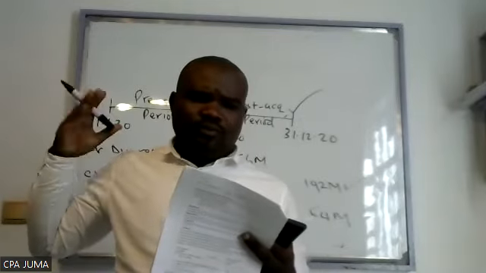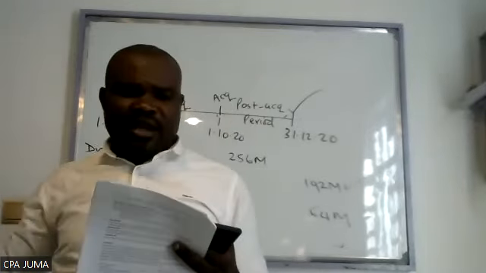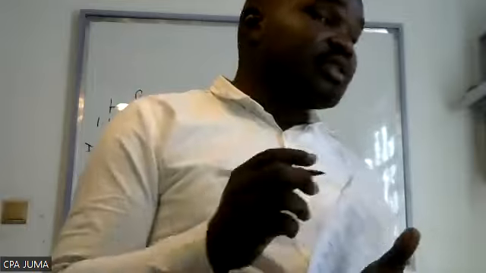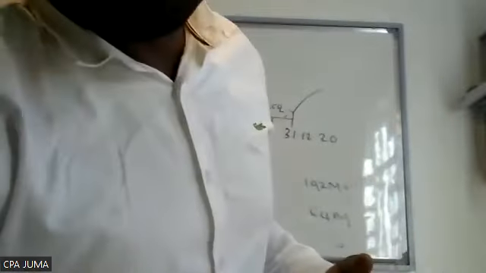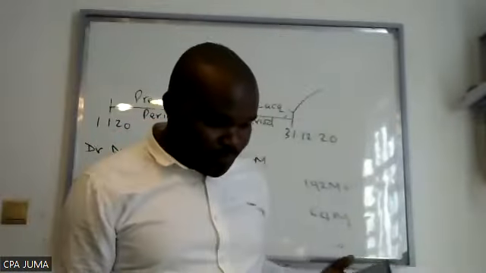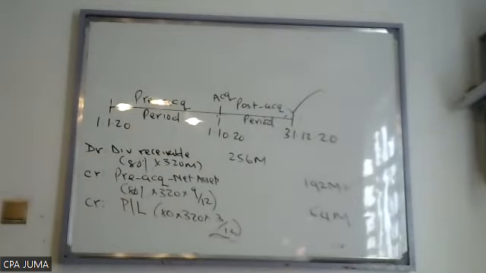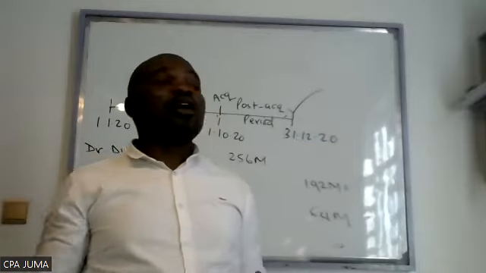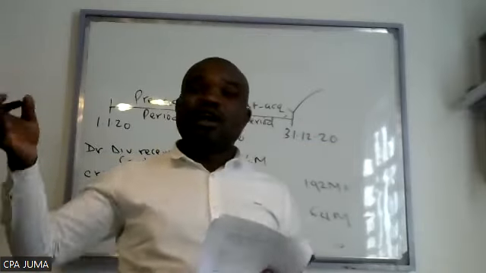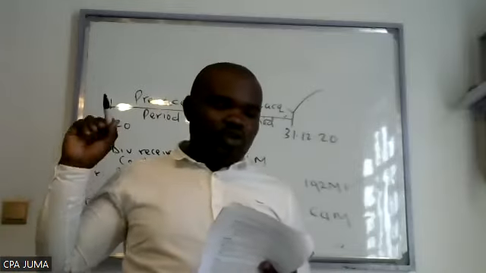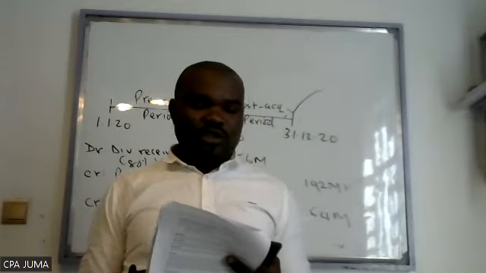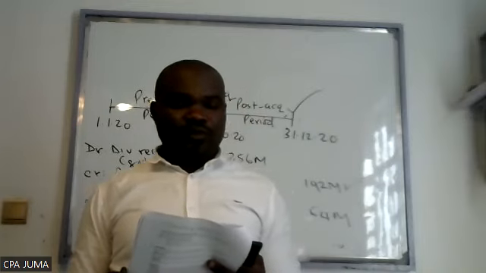Then it is a minus to receivables, not a plus. When you invoice your customer, you put it in receivables, but the goods have not arrived and the customer is not aware. So you add it back to your stock, then you eliminate the receivables. That is how we account for it.